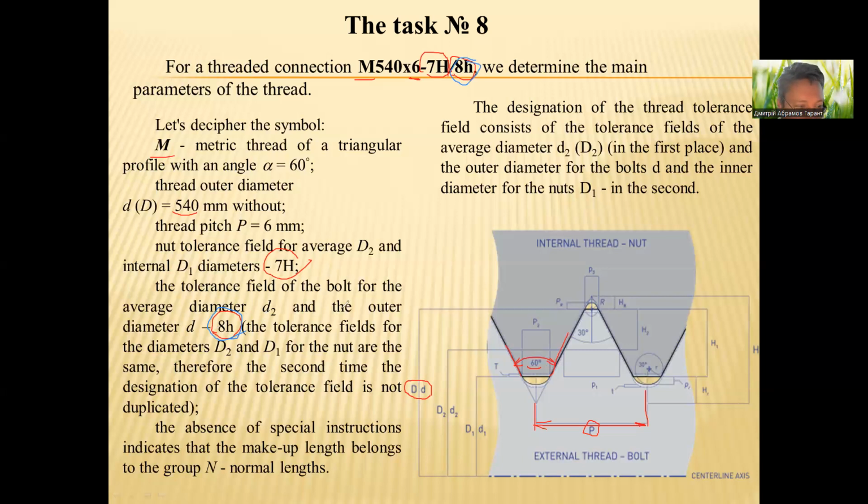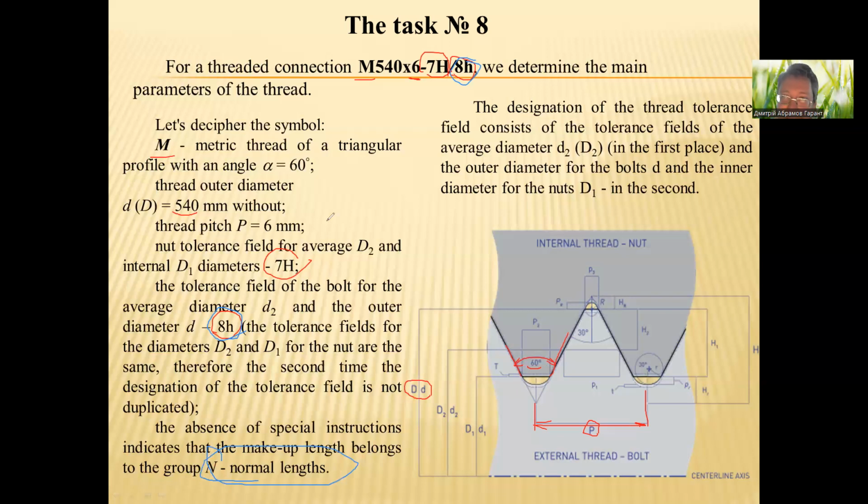The tolerance fields for the diameters, average diameter D2 and inner diameter D1, for the nut are the same. Therefore, the designation of the tolerance field is not duplicated the second time. The absence of special instructions indicates that the makeup length belongs to the group N, normal length.